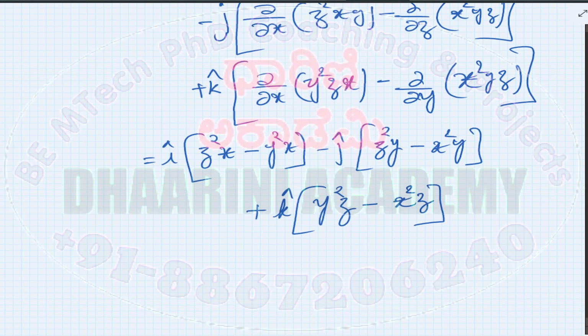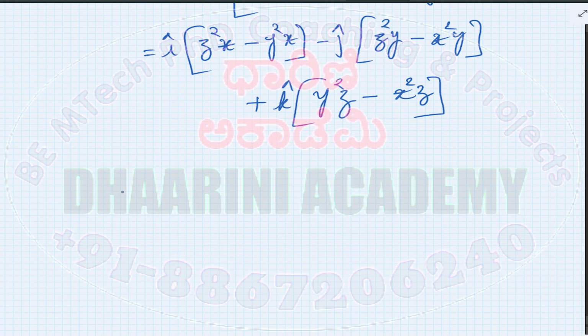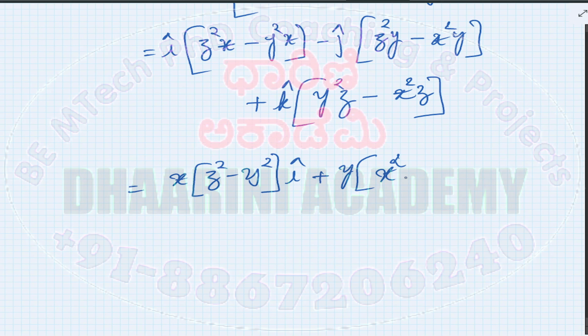Alright, so let me try to give a simplified notation now. So this is equal to, see, x is common in the first term, so this is x into (z² minus y²) into i cap. Then in the second term, I'll write plus, y I'm going to take out. When the minus goes inside, this is (x² minus z²) into j cap.